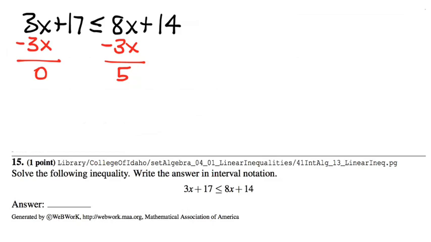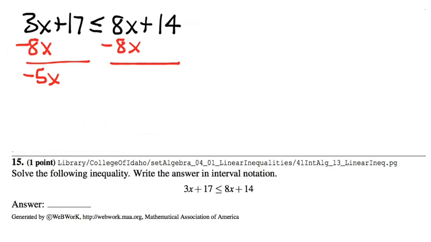We could have also achieved the same end by subtracting 8x instead of subtracting 3x. I'm actually going to take that route just so that I can make another point out of this. Because now I'm going to get negative 5x, I'm going to have no x's left on the right-hand side, and then everything else is going to remain the same.